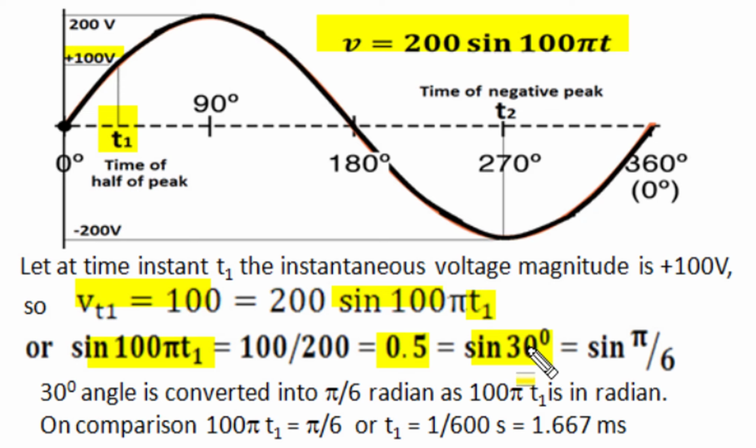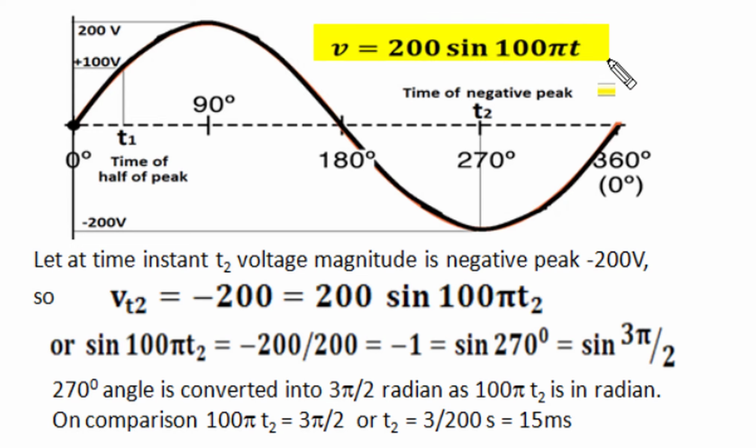Now this 30 is in degree unit, and this argument is in radian unit. So to match things, we can make this 30 degree as pi by 6 radian, and by simple comparison, 100 pi t1 is equal to pi by 6. Pi will cancel out, and we will get the value of t1 as 1 by 600 second, or 1000 by 600 millisecond, or 1.667 millisecond.